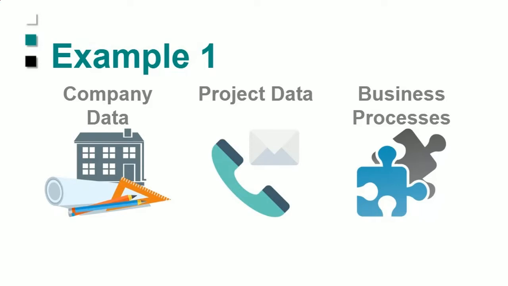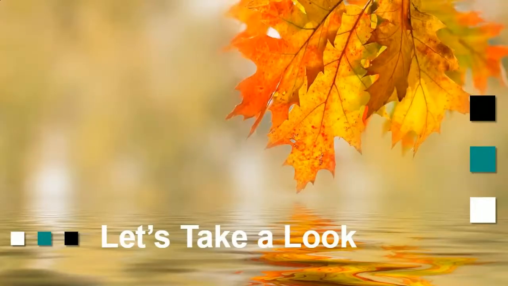Okay, I'm going to jump into the software and show you some examples. These are food for thought. You can run it in many different ways, but I'm going to run through a few different examples. So I'm going to switch over to showing the software.